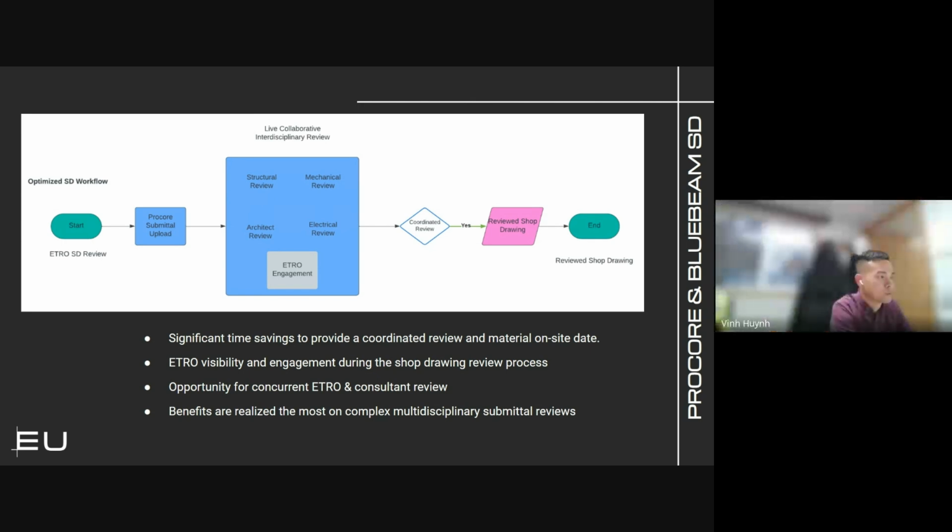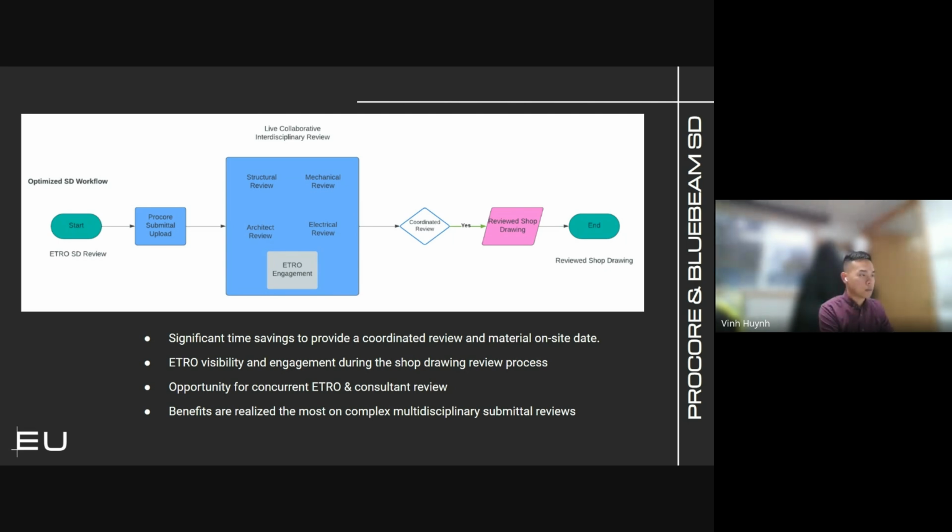Definitely crucial to our shop drawing process. It helps a lot. We went from, just like you said, the elevator shop drawing originally taking us 2 months to chase everybody. The architect reviews, then structural is supposed to take the architect's review and respond and stamp, because they always have comments for each other.